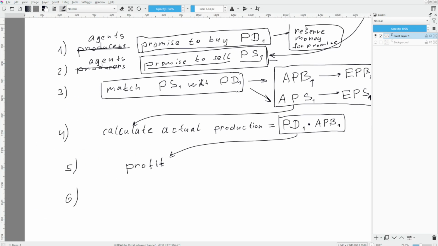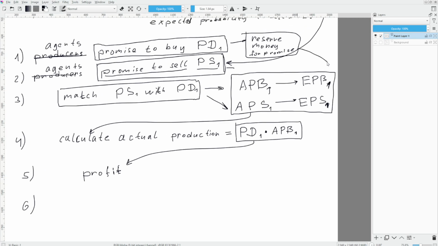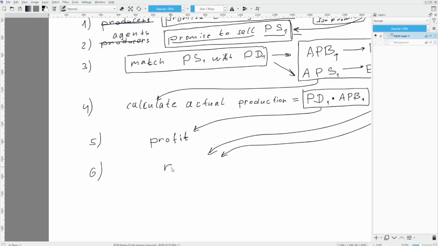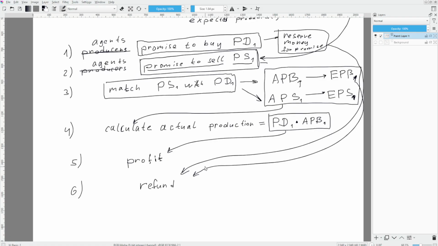And then this reserved money, use this probability to actually buy something to calculate refund. So we have reserved certain money because we promised to buy something, and we reserve the money which we promised to spend. And now the game can refund us this money, a certain amount.